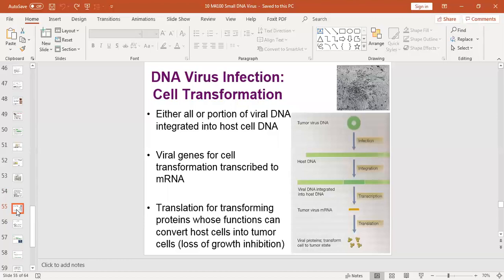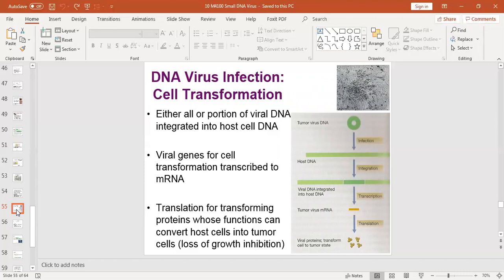It produces host proteins as well as those genes and proteins encoded by the tumor virus DNA being integrated into the host DNA, resulting in the translation of those viral proteins. And these viral proteins are tumorigenic or cause cancer.